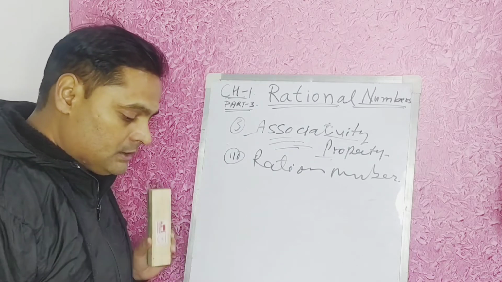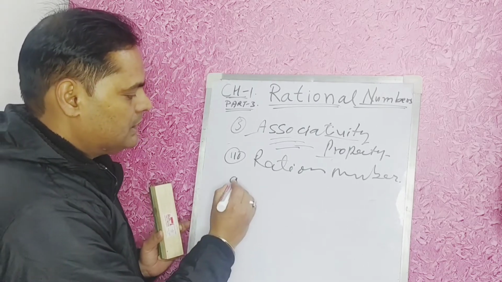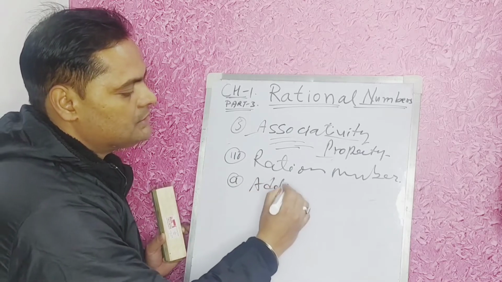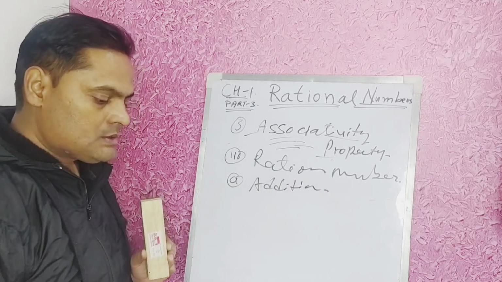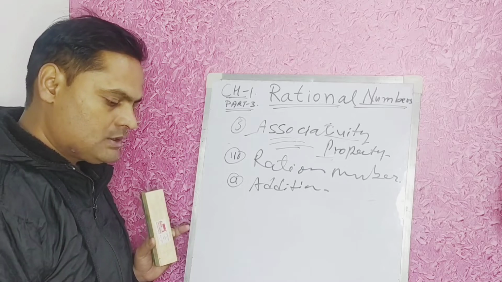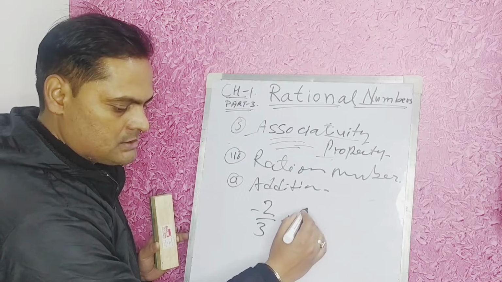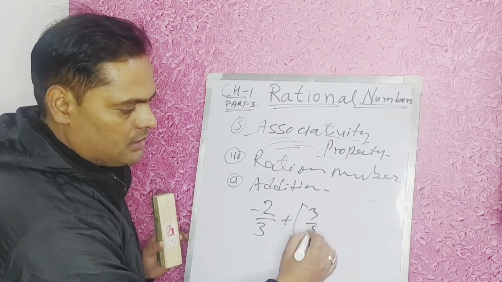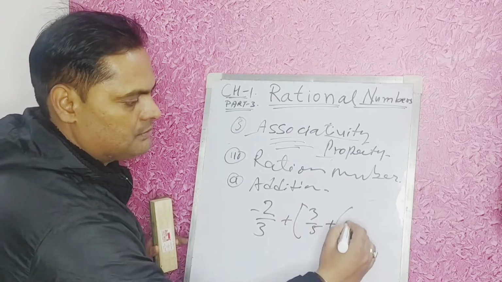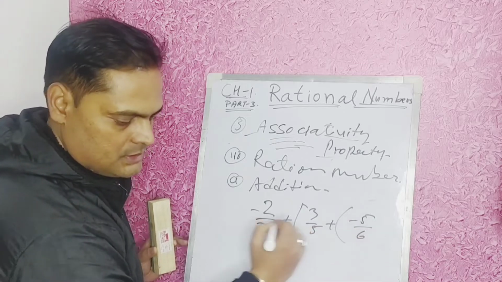Okay, let's see. The first is addition. In the addition part, if I take some example like 2 by 3 plus 3 upon 5 plus minus 5 upon 6.